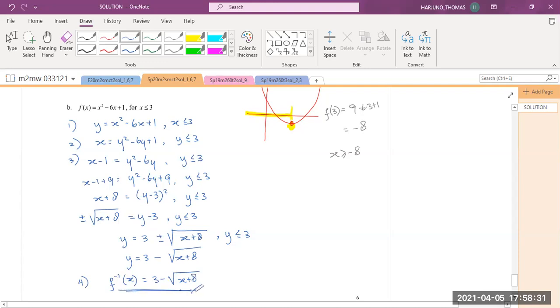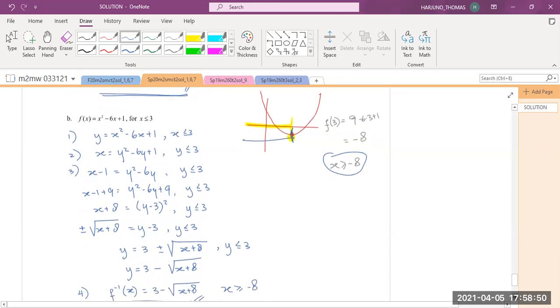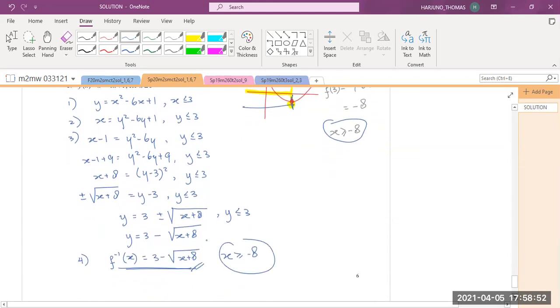Now, how about the domain of this inverse function? The domain is x at least negative 8. So the range of the original function that we have turns out to be the natural domain of the inverse function.